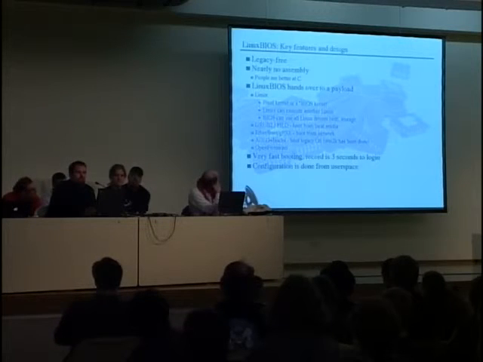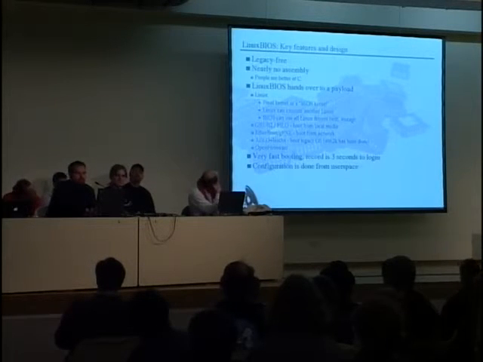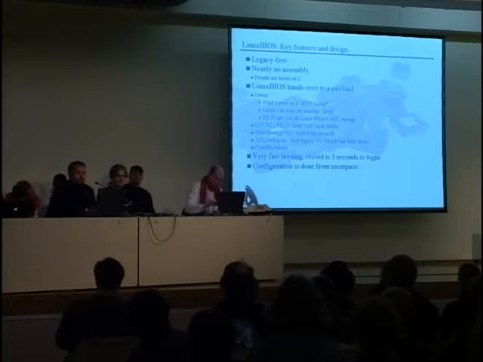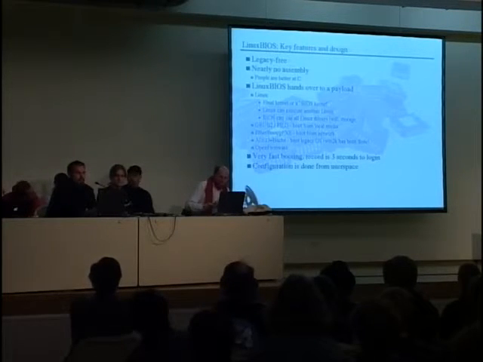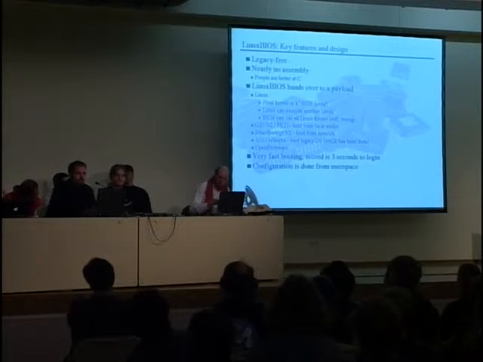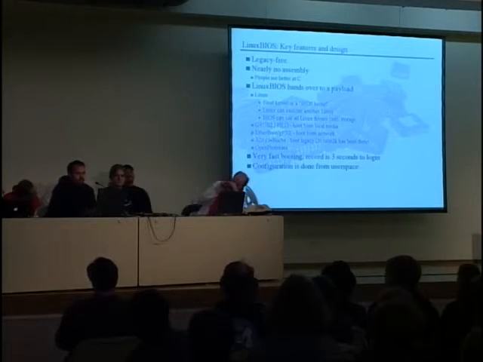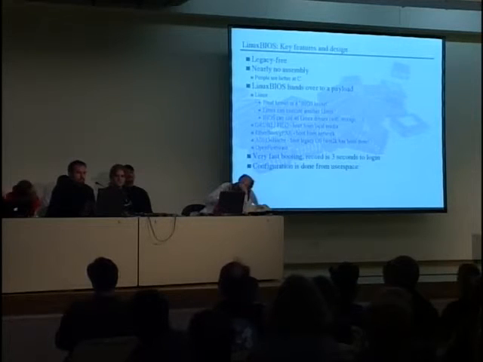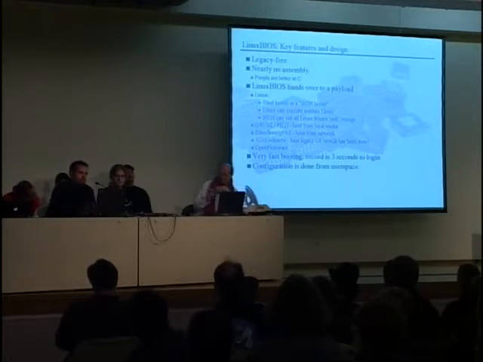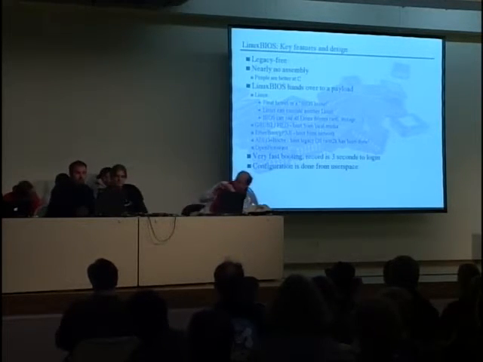What are the key features and what does the design look like? Linux BIOS is legacy free. There's nearly no assembly code in there because people are better at C code, and assembly is not that fun. Linux BIOS does its initialization things, and then it hands over to a payload, which can be any number of things.